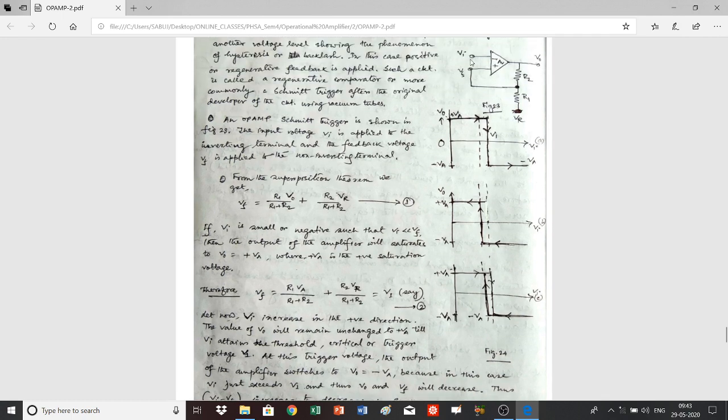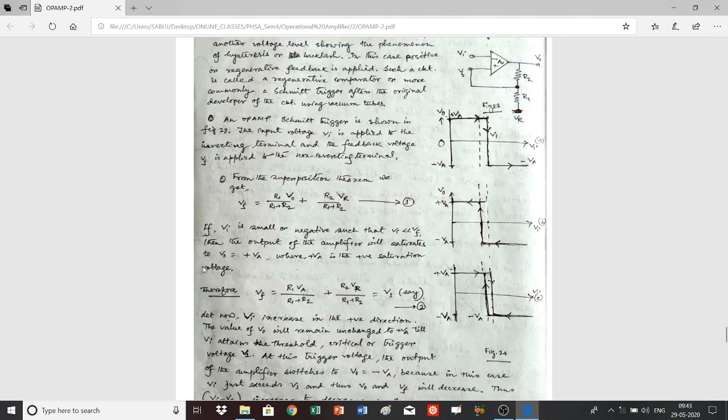Now, if Vi is less than Vf, in this case Vf will dominate, and the output will be due to the input given to the non-inverting input terminal. So the output will saturate to the positive saturation voltage, let us say plus VA.